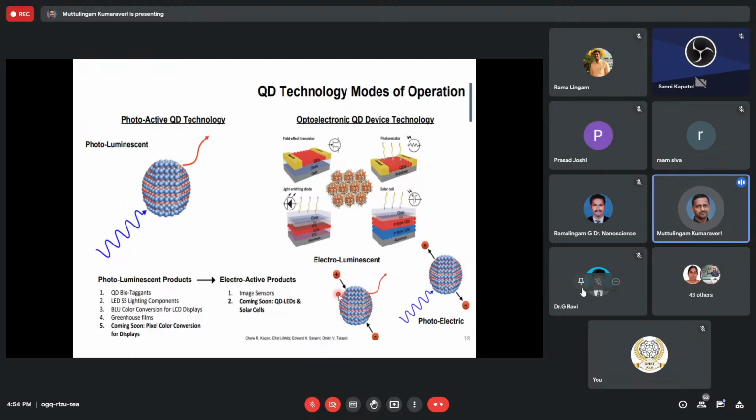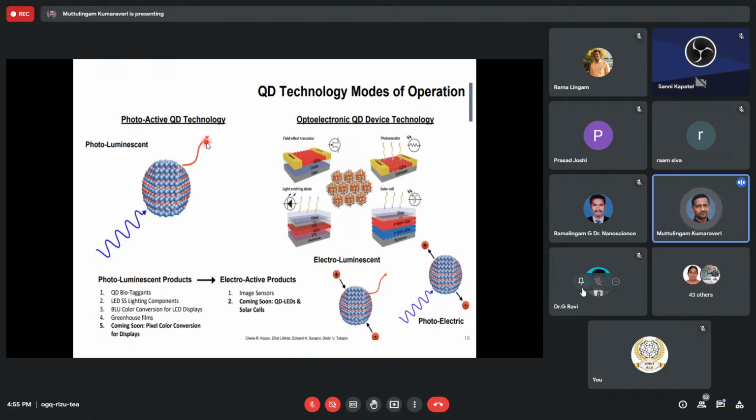Now the QD technology modes of operation: what's the mode? There are two modes of operation we are looking at. One is the photoactive QD technology. The other is the optoelectronic QD device technology. Photoluminescence, which is the photoactive QD technology, means you pass light and, if it is a red QD, you get a red emission.